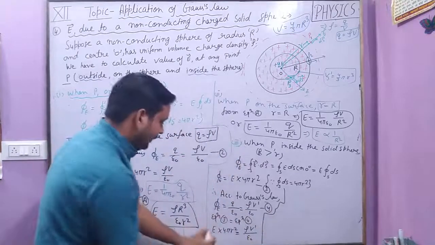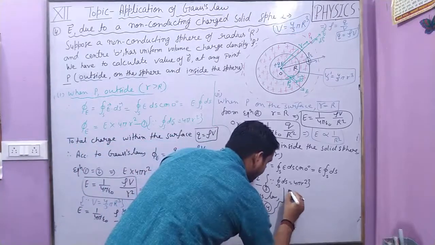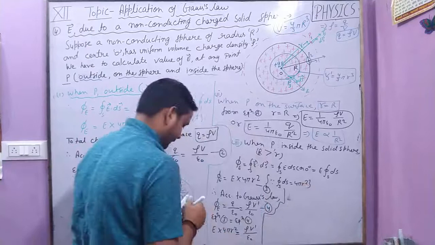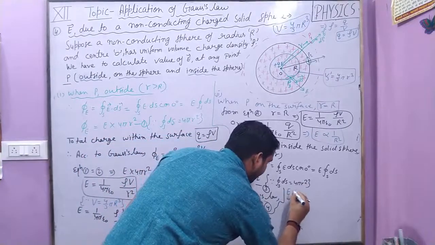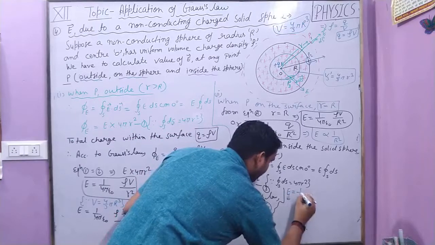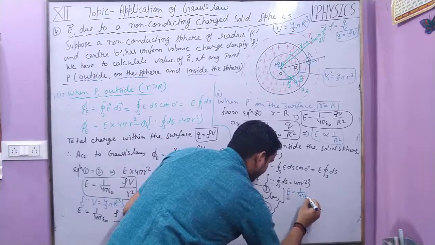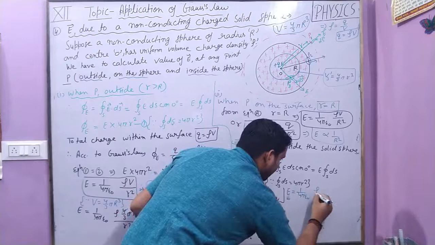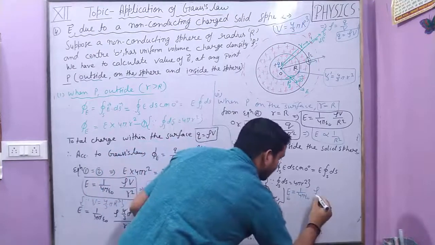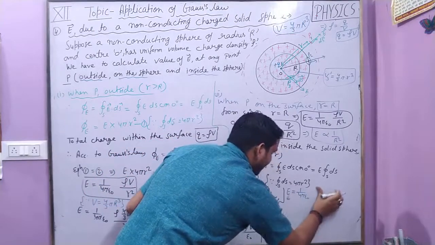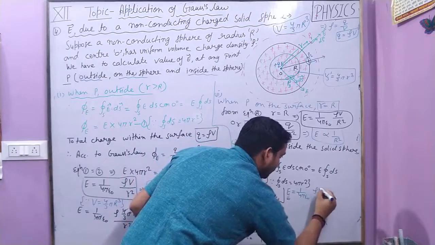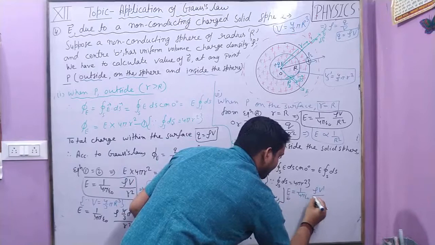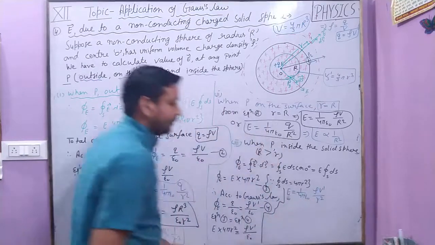Now this result is E is equal to 1 upon 4 pi epsilon naught rho v dash upon r square.